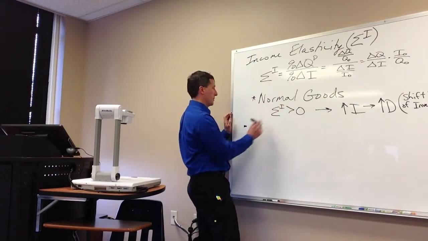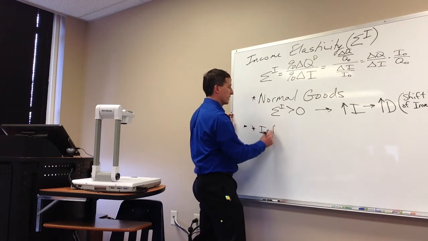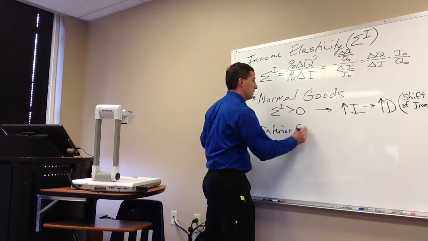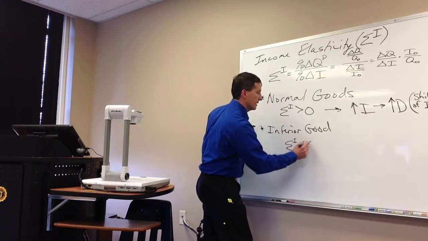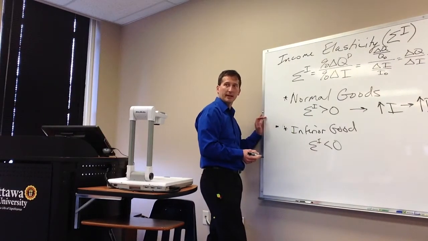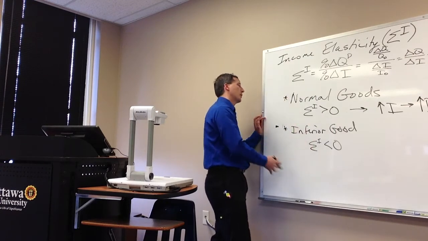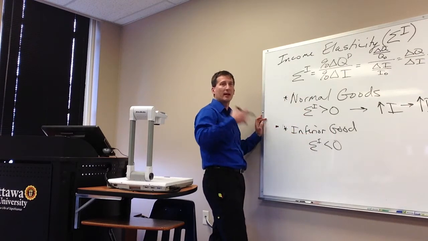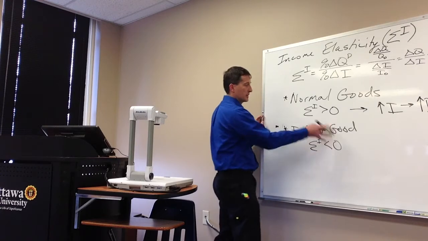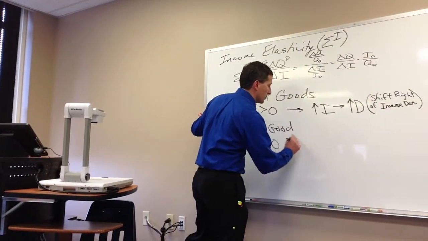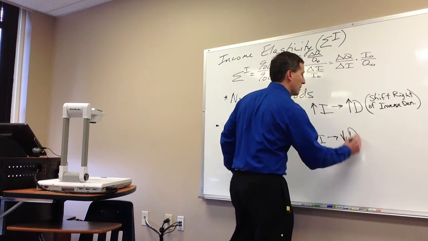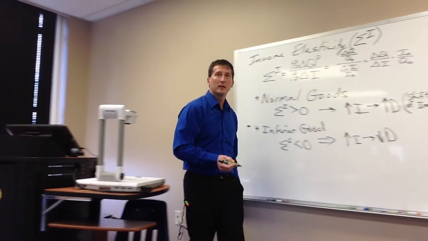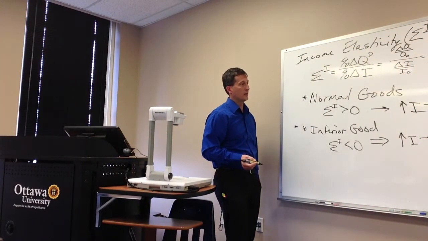So there are normal goods. The other case was an inferior good. So the income elasticity is a negative number, something less than 0. It might be negative 0.5, negative 1.37, whatever. So it's a negative number, which implies that an increase in income leads us to buy less ramen noodles.